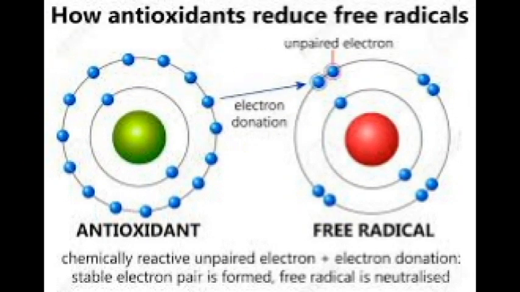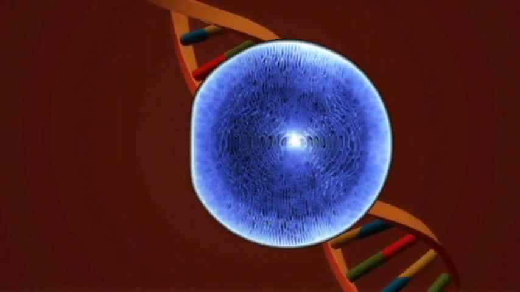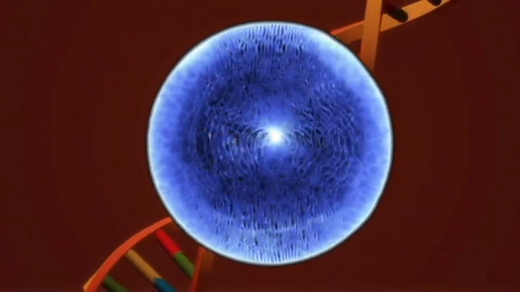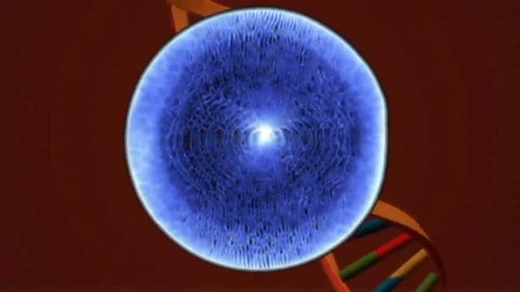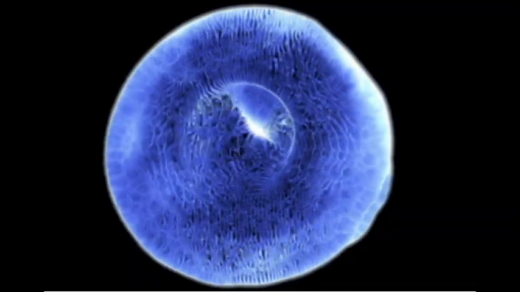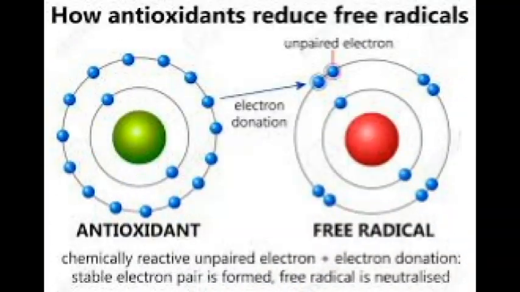So what is an antioxidant? Antioxidants are chemical species or molecules that carry lots of electrons, as shown in this picture. Antioxidants are always happy and ready to donate electrons to unstable atoms or free radicals.